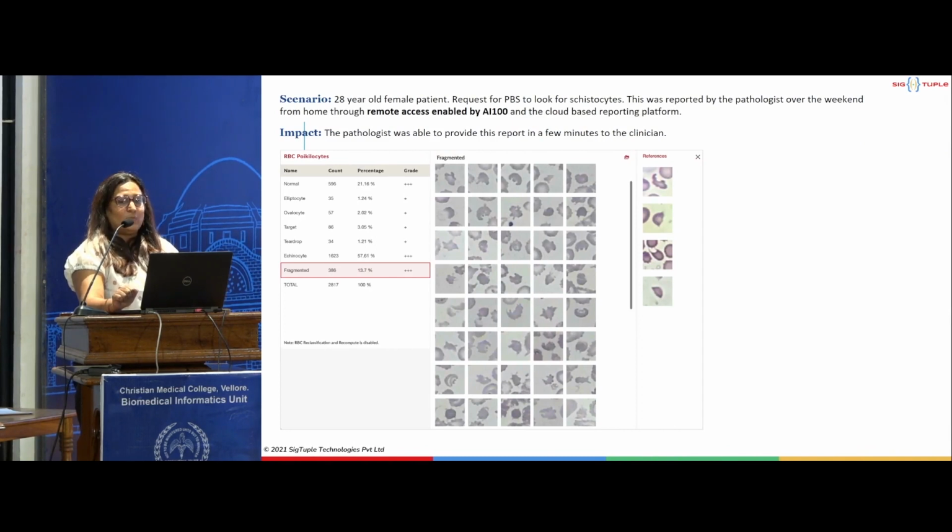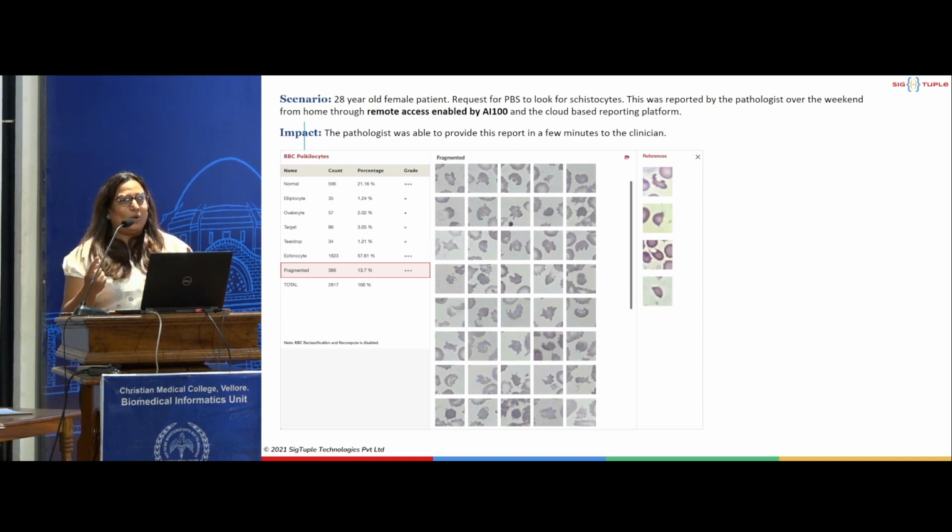This is one more case, especially in oncology centers, where the patient has undergone a transplant. If there is a transplant rejection, the first thing the clinician asks is whether there are schistocytes on the blood smear. This was reported in the late evening. Pathologists work 24/7. I am taking the liberty to say that clinicians can take time off, but pathologists don't take offs, even on Sundays, because clinicians at least have shifts.